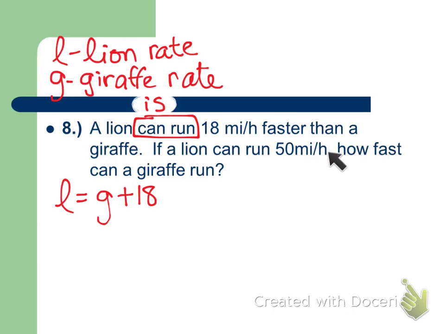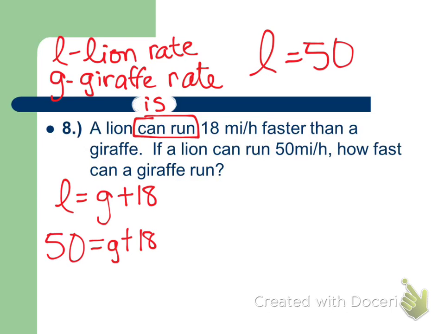They gave us one of those numbers. So do you think 50 is going to get plugged in for L or G? L. A lion can run. So L, that's my lion. So 50 equals G plus 18. And we got that because they told us that the lion could run 50 miles an hour.